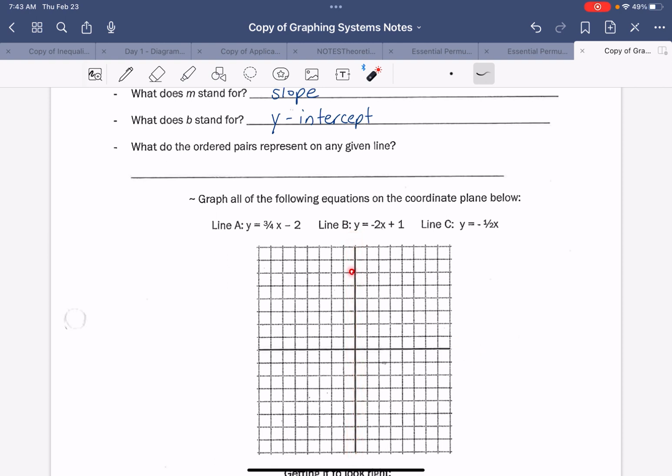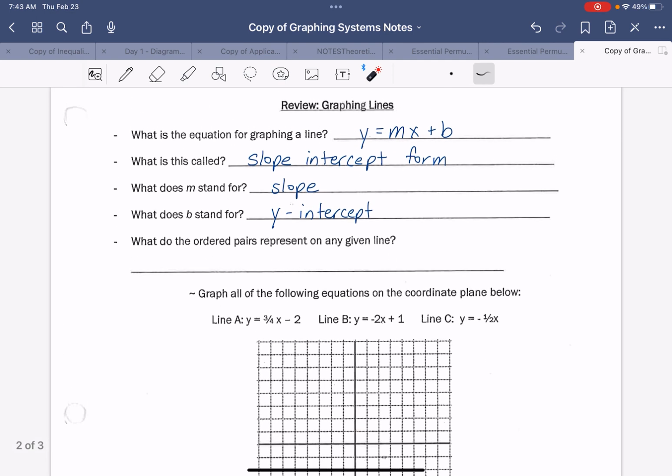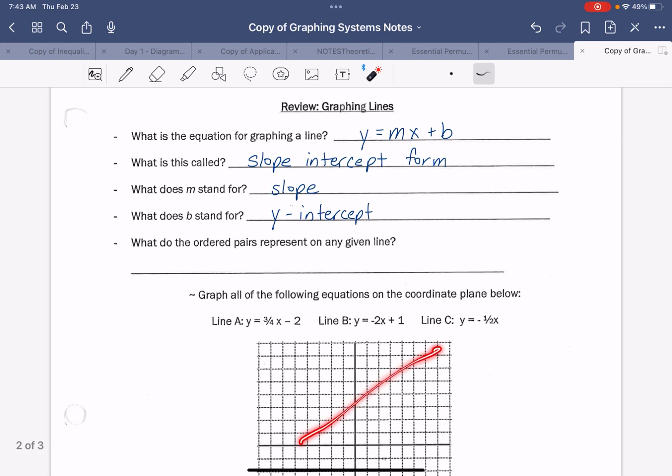So the y is going to tell you where to start your line, either positive or negative, okay? Remember, this is our origin. This is always 0, 0. So x is 0, y is 0. Here, x can be any number, but on the y-axis x is always 0, and y has a number either positive or negative, okay? So your y-intercept is where your line crosses the y-axis.